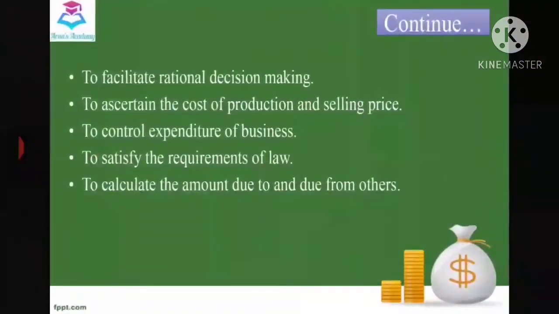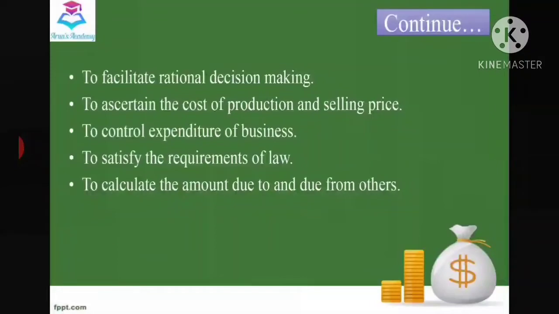The next objective of accounting is to facilitate rational decision making. Accounting also helps to provide information for decision making to the stakeholders. We are preparing financial statements like profit and loss account, trading account, profit and loss appropriation account and balance sheet.